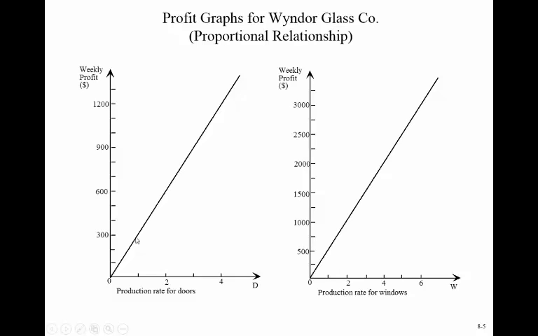So the first one generated 300, the second one totaled 600, etc. Okay, so that's a purely proportional relationship. You had a different rate for the amount of profit. For doors it was $300. For windows it was $500. But nevertheless, they were following those proportional relationships.